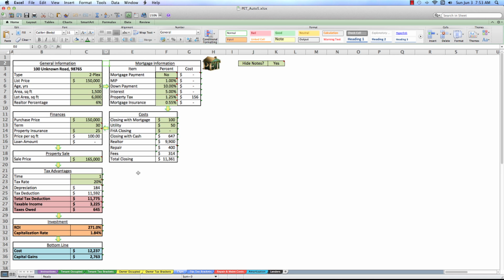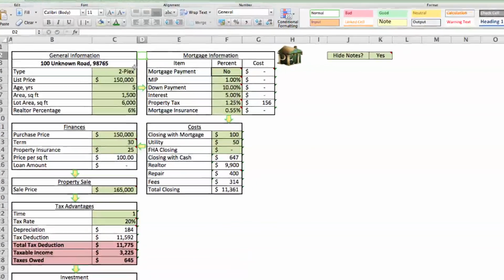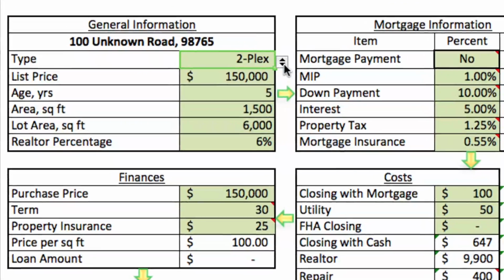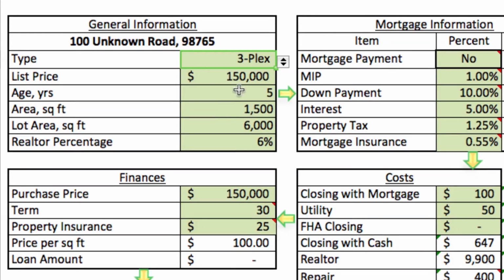I'm going to run a threeplex on this case. So let's go up here and click threeplex. Let's say it's a $250,000 property, 10 years old, 3,000 square feet, and the lot area is 12,000.